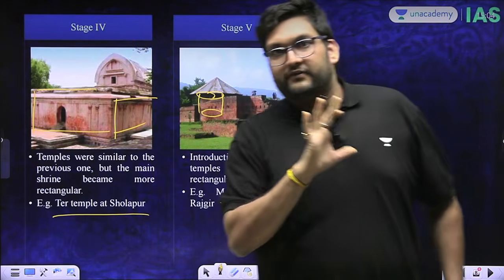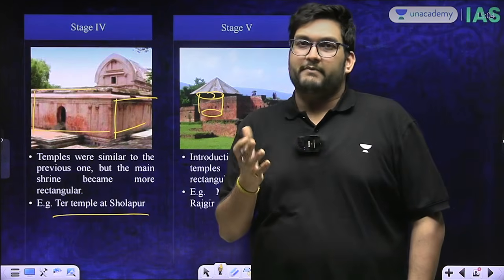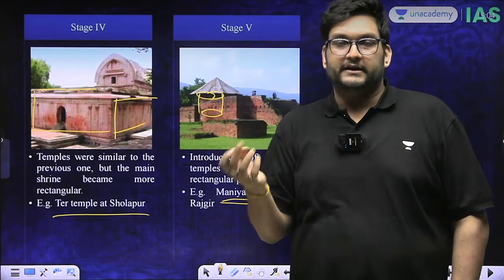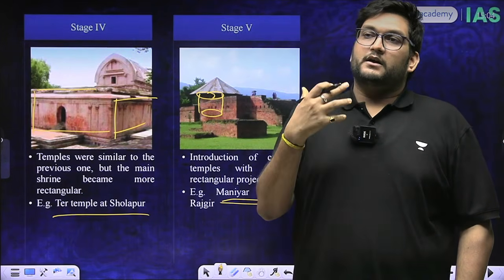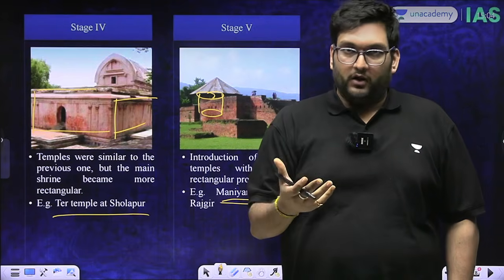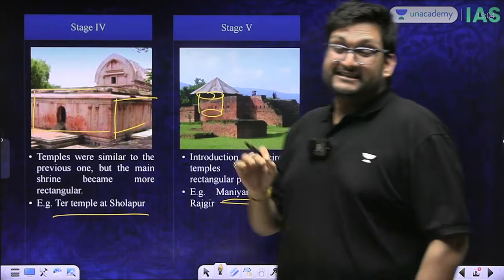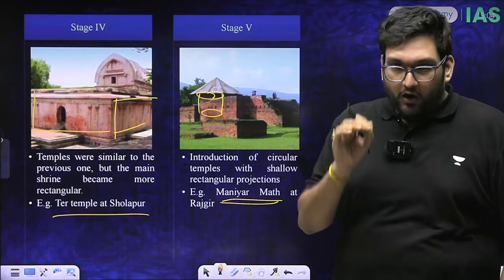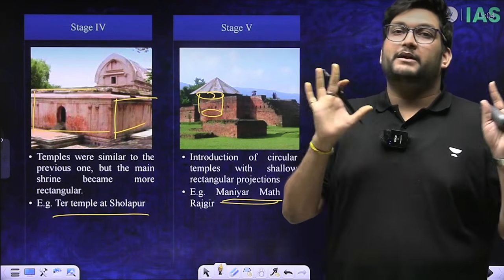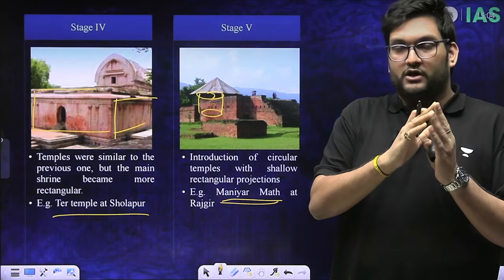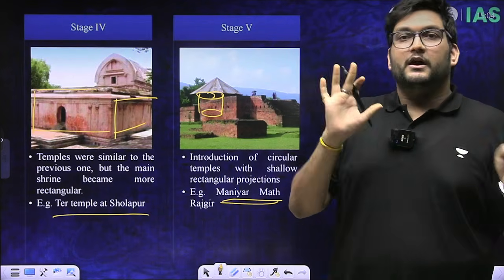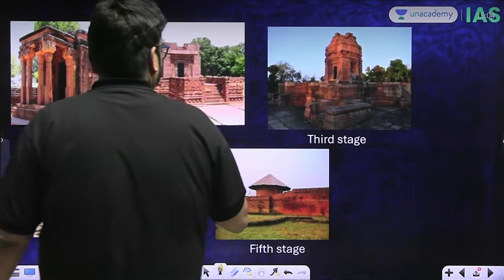Now, these 5 stages mostly map to the Gupta and post-Gupta period with the rise of Bhagavatism, and the iconography starts to evolve. What we see is that now we get the basic and standard features of temple architecture. This is not specific to north or south, but a generic temple.